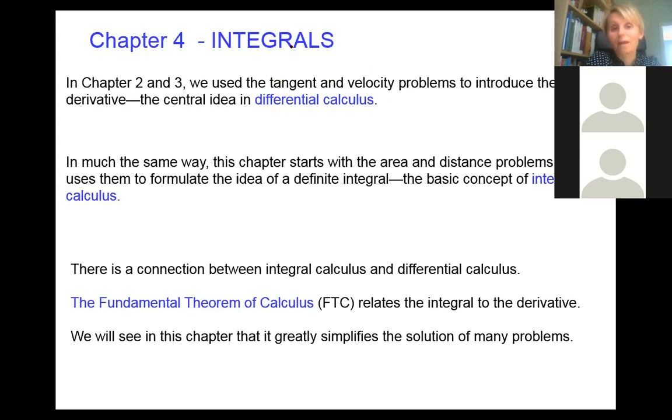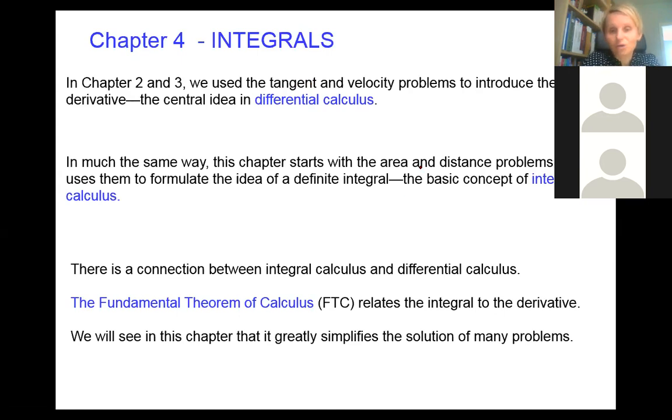In the same way, we will start this chapter by trying to approximate something, like in the introduction to derivatives, where we approximated the slope of the tangent line, because we can't take the slope at a single point: we would have no rise, no run, 0 over 0, but we know the tricks to deal with the fraction 0 over 0.